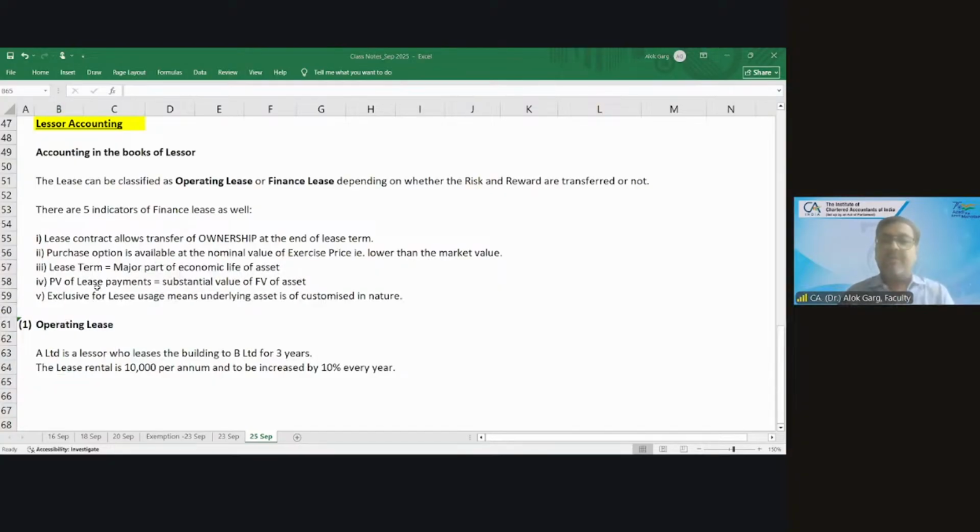Assuming the life of the building is 20 years and the cost of the building is 25 lakhs. The fair value is, let's say, 15 lakhs.